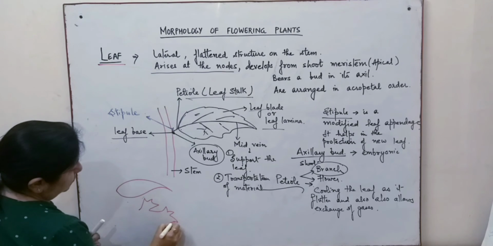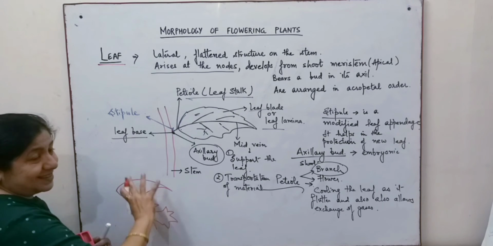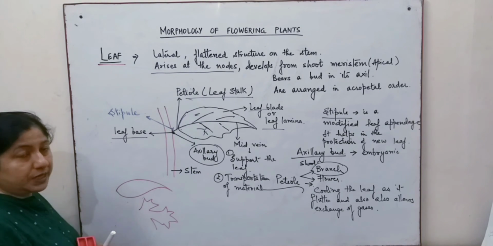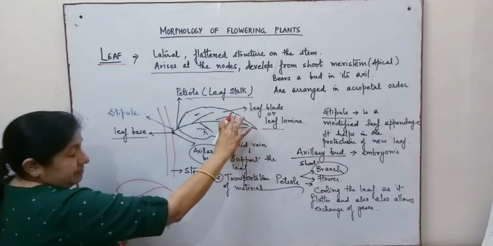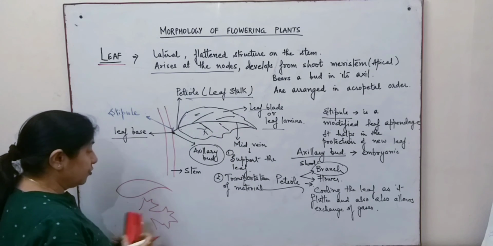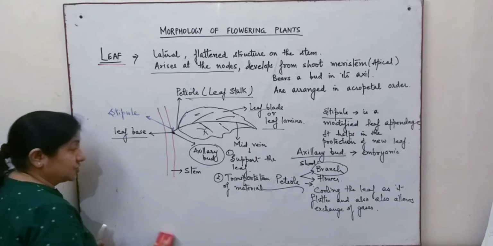In some plants you find different kinds of leaves. So the margin can be variously shaped. Also, the size of the leaf can vary to a great extent. There can be different types of leaves which we find. Monocot leaf has a different structure and dicot leaf has a different structure.